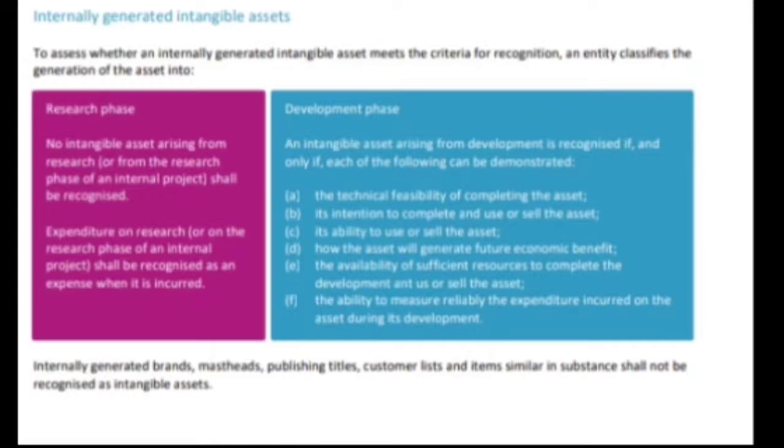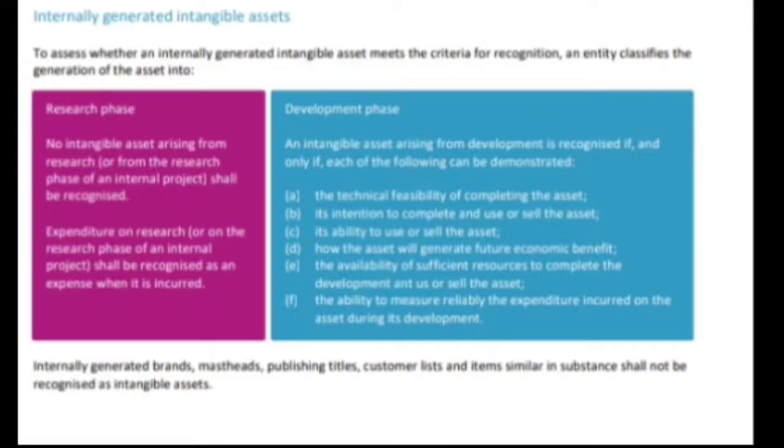Then, the intention to complete and use or sell the asset. If the company intends to sell or use the asset, then the development expenditure shall be charged to the cost. Next, the ability to use or sell the asset. If the company is capable of using the asset it is producing, or has the capability of selling it, then it shall charge the development expenditure to the cost of the asset.